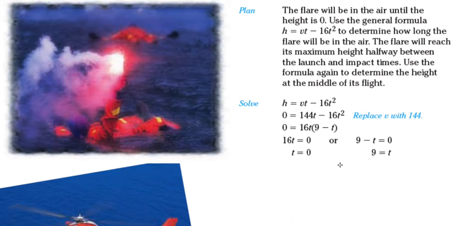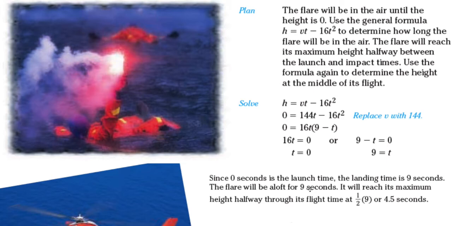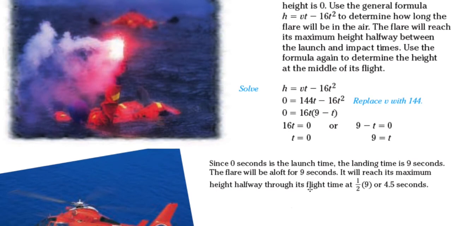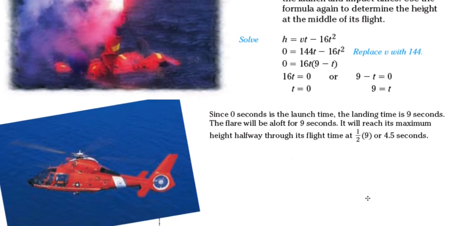Since 0 seconds is the launch time and the landing time is 9 seconds, the flare will be aloft for 9 seconds. It will reach its maximum height halfway through its flight, at 1/2 of 9, or 4.5 seconds.